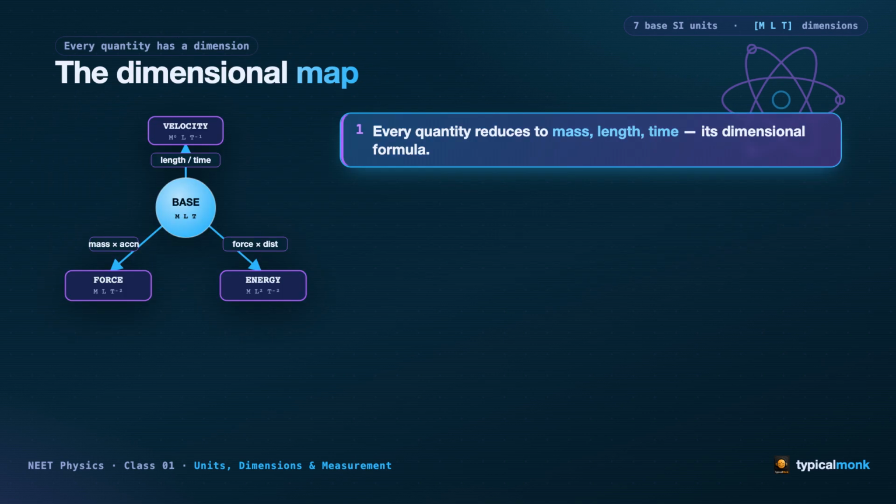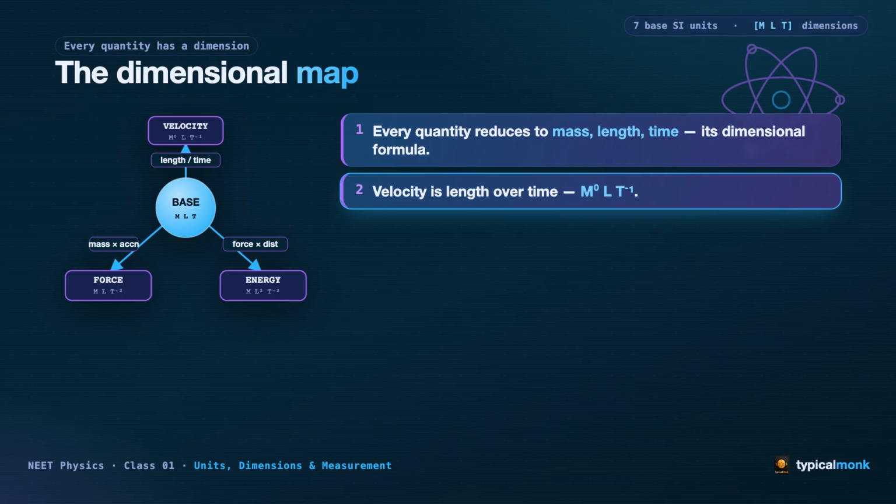Now, look at this map carefully, because it is how a physicist sees every quantity. In the center sit the base dimensions, mass, length, and time, written as M, L, T. Every mechanical quantity reduces to some combination of these 3. That combination is its dimensional formula. Take velocity.